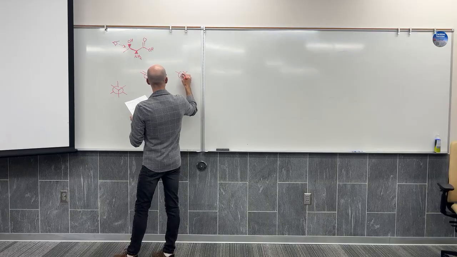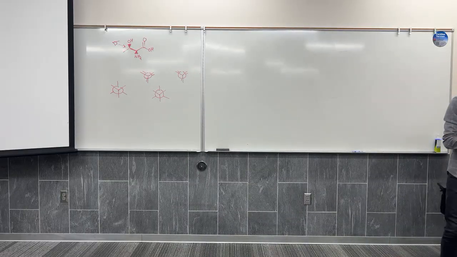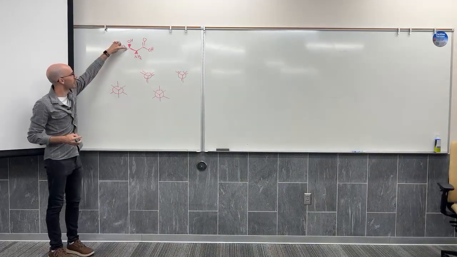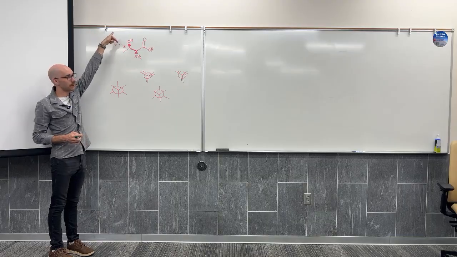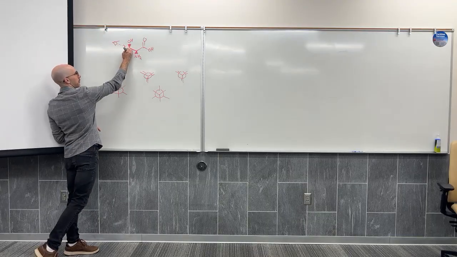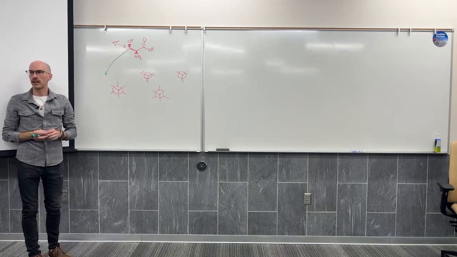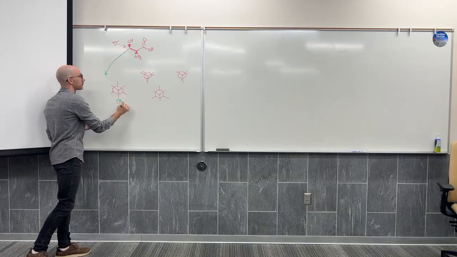Good. Here's our front carbon with the methyl, the OH, and the hydrogen. When you take that perspective, would you agree this methyl group is physically pointing down? So in a Newman projection, it should be physically pointing down.